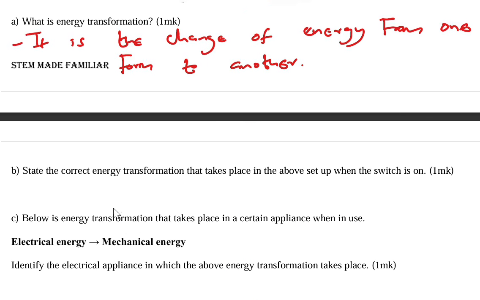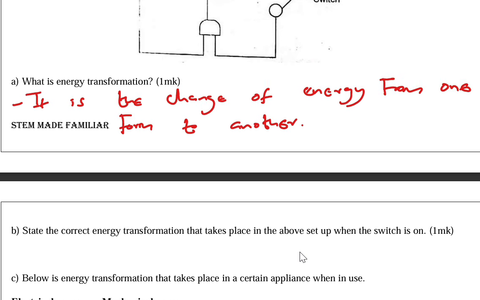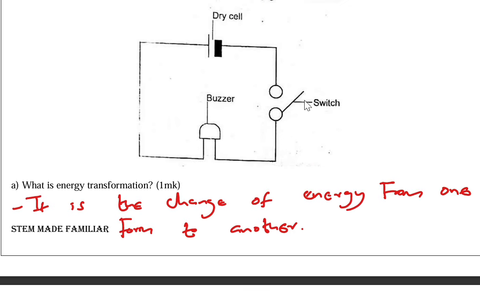We continue to part B. State the correct energy transformation that takes place in the above setup when the switch is on. When you close the switch, current flows and the buzzer gives some sound. Here we have the dry cell; the type of energy stored is chemical. So from chemical, we have the flow of electricity, and from electrical, we hear sound from the buzzer.